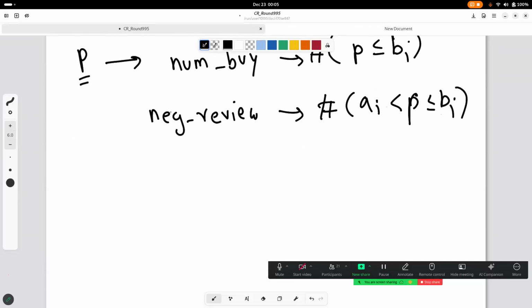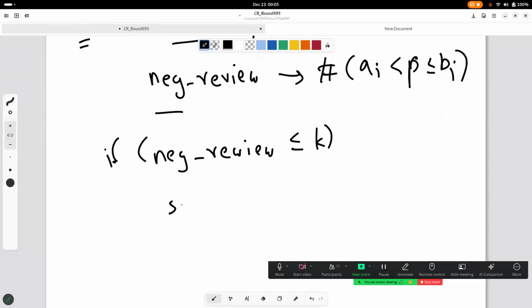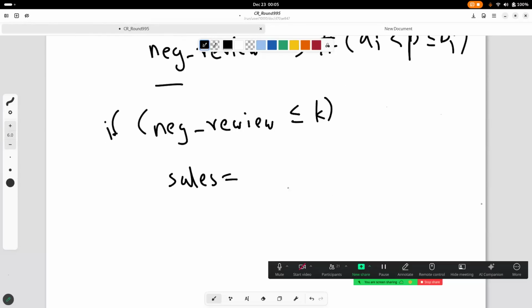Now look, if you have these two things, you know that if your negative reviews are less than or equal to K, then your sales are going to be P times the number of people who are buying the tree.